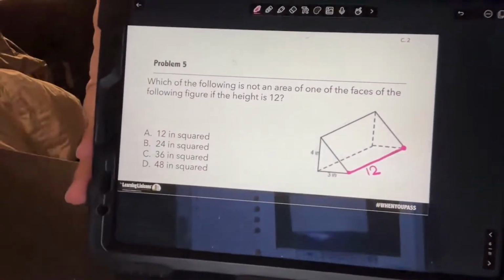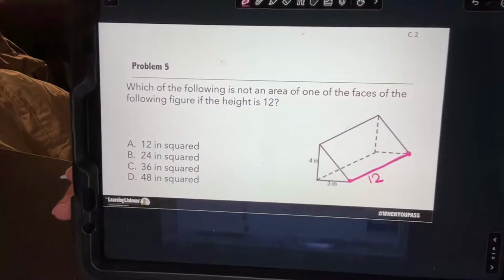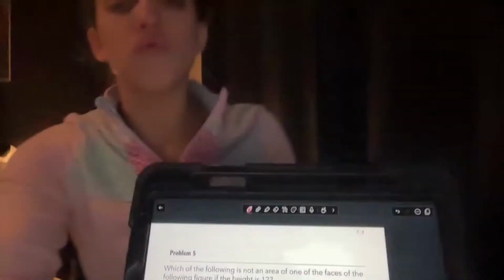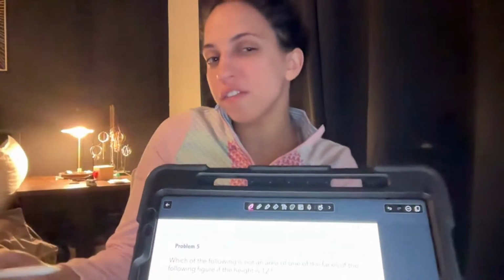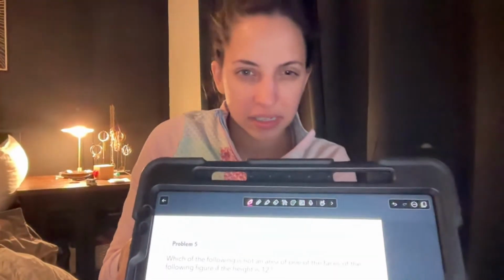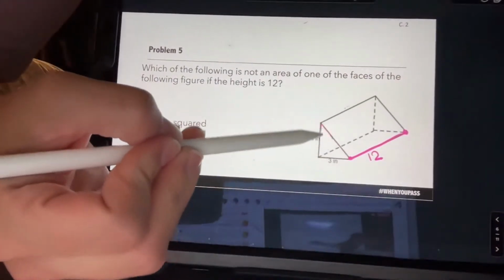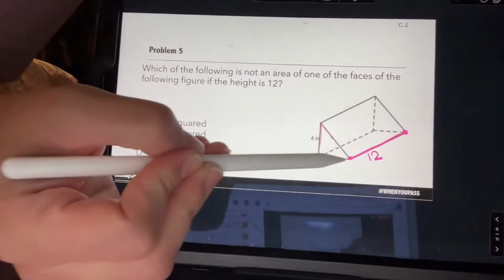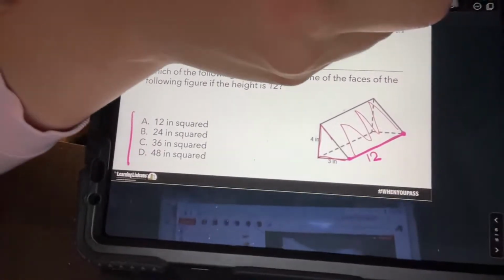And then they say which of the following is not an area of one of the faces. So really, they are giving us the opportunity to find surface area and then saying which one is not an area of the face. So I need to find the area of the triangle and of my rectangles and then figure out which one is not an area.